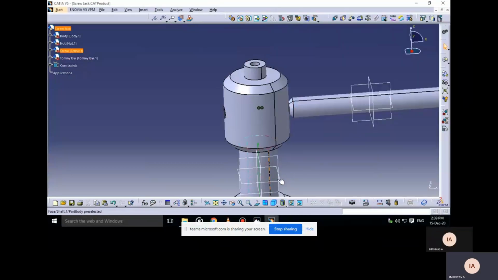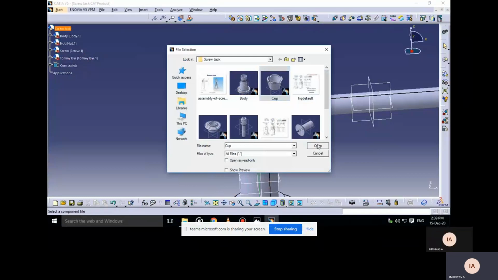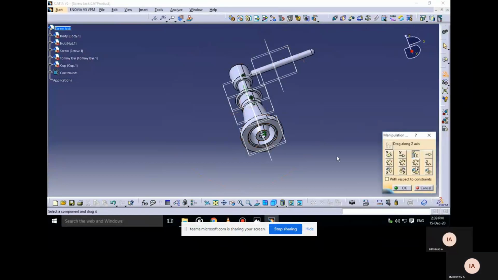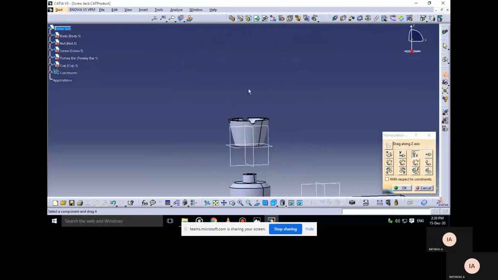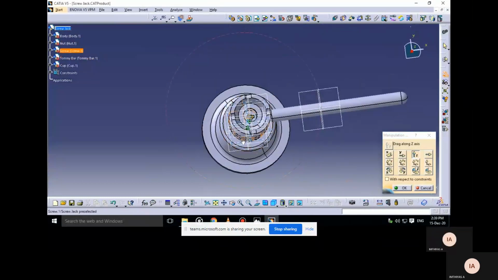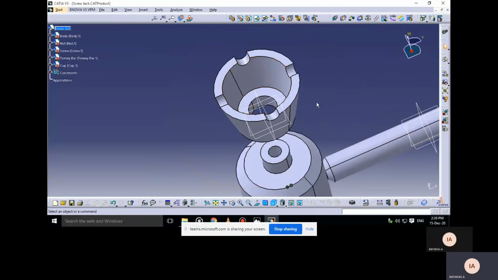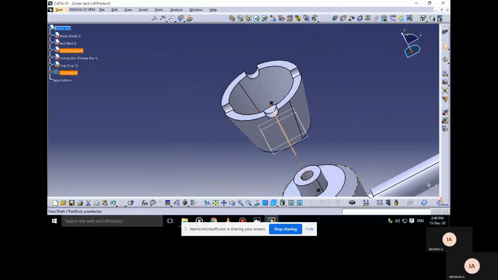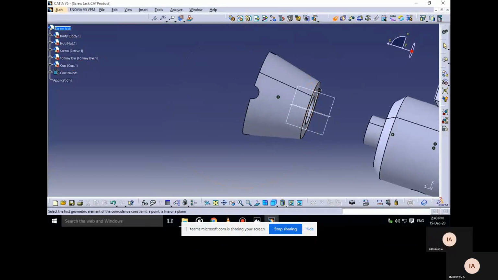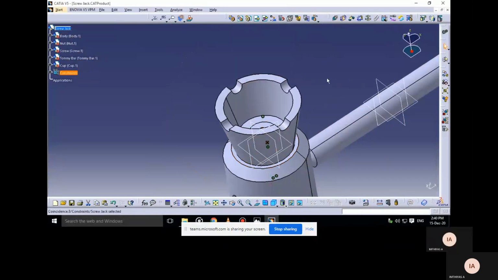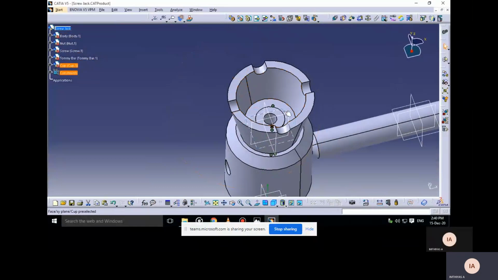Then the washer and then the screw. Now we have to insert the washer, then the screw.